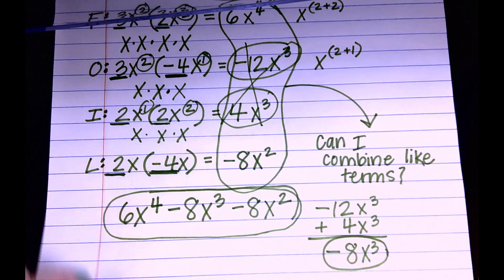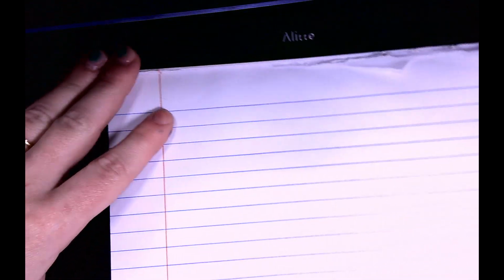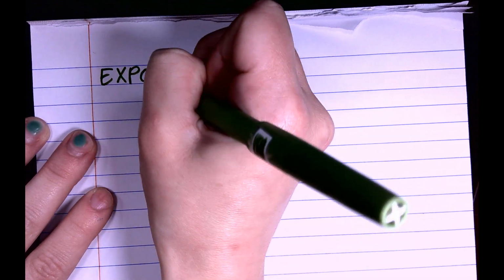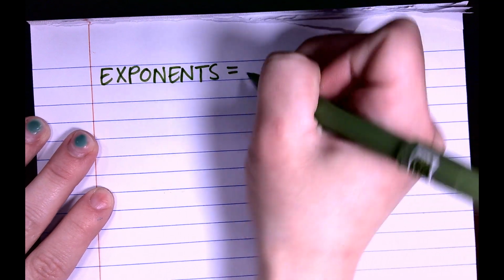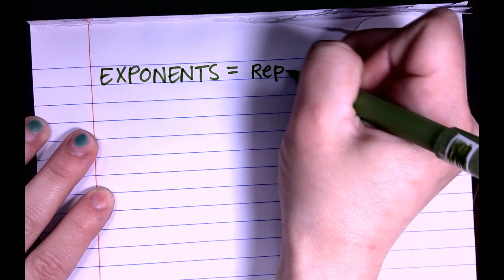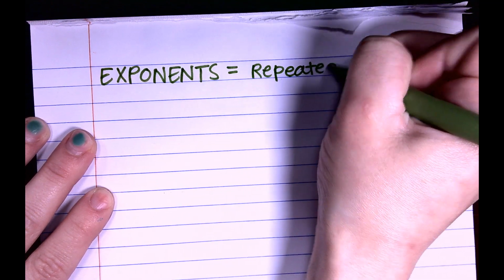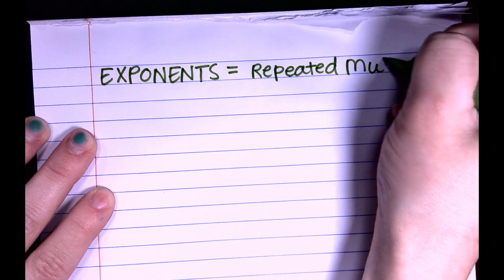Okay, so let me show you that. This is a good thing to go over too. Whenever we have exponents on any number, exponents are just repeated multiplication.